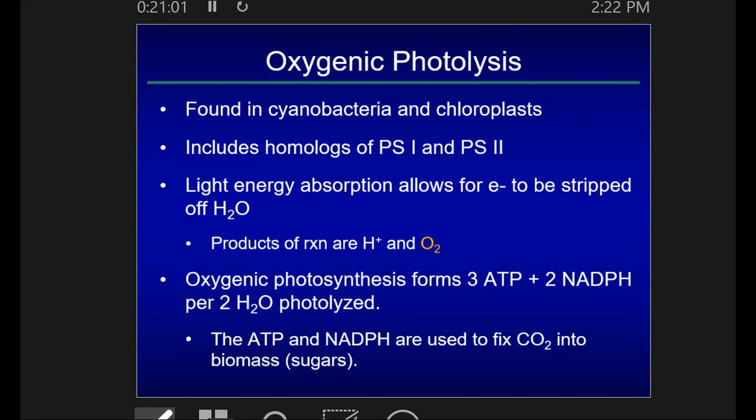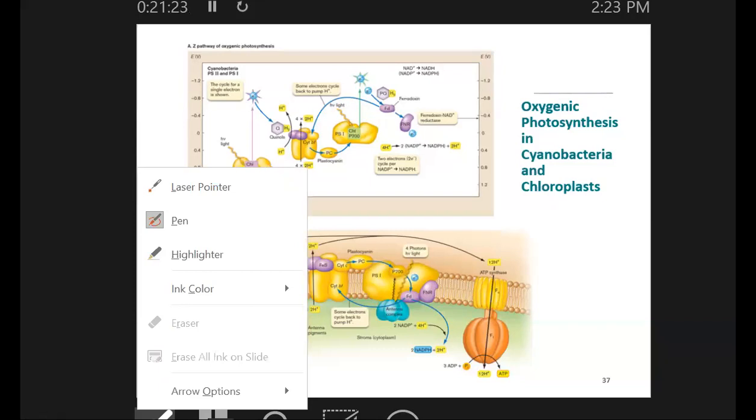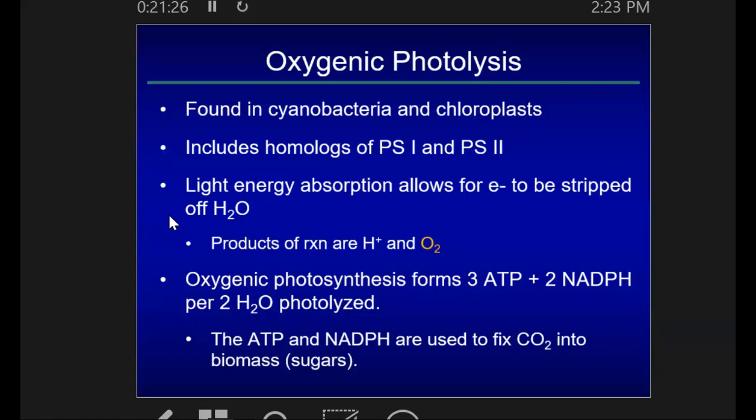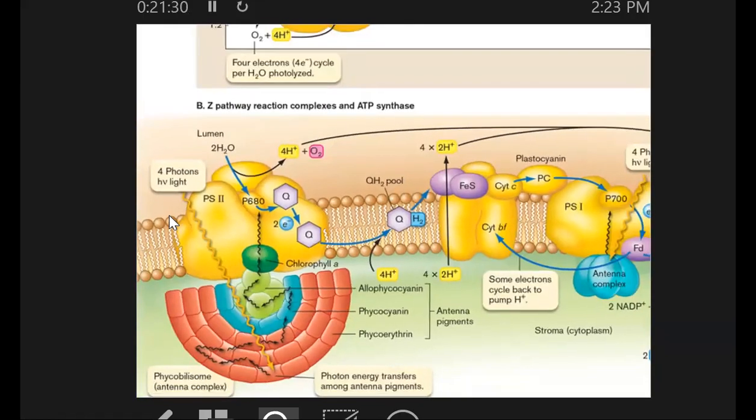This picture is another version of what we looked at, zooming in on how the cyanobacteria do it. If you look at the lower image first, I think it's a little easier to see what's going on. You see that there are 2 photosystems.